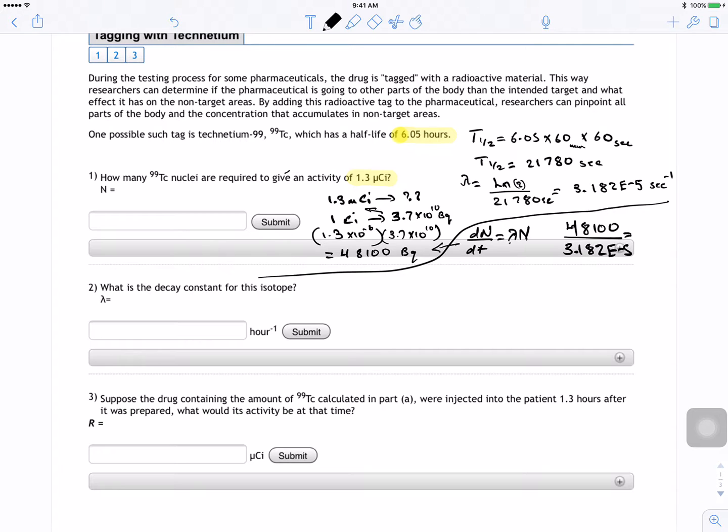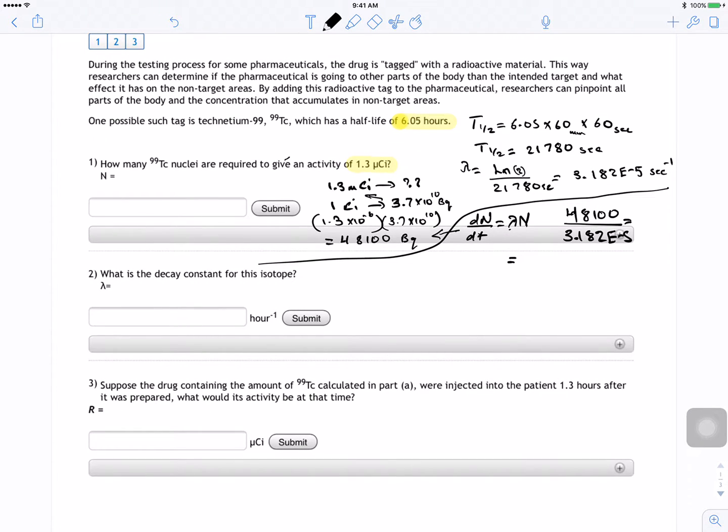That will give us the number of particles. So the number of particles was equal to 1.511 e to the 9 particles. So this is the answer for number 1. Okay.